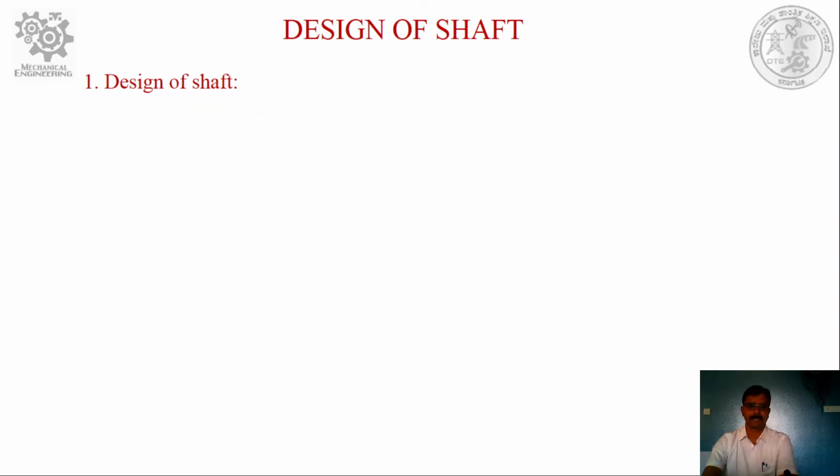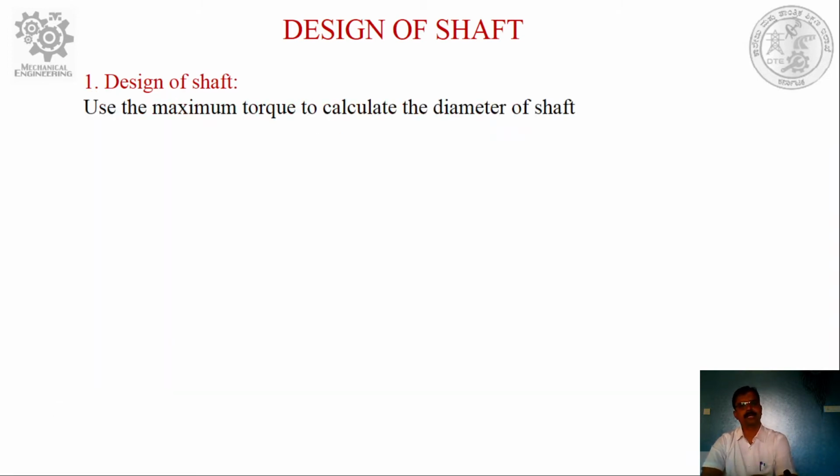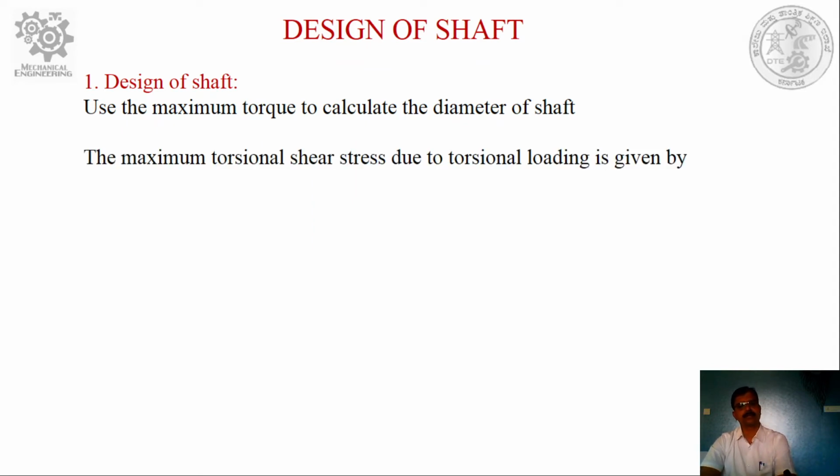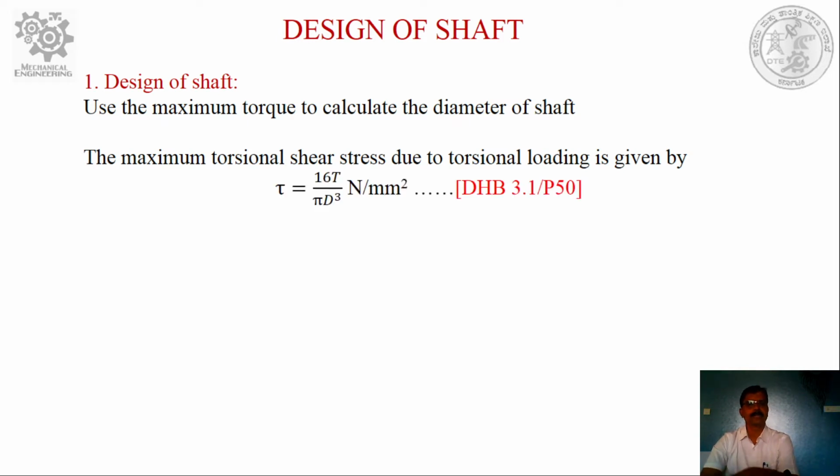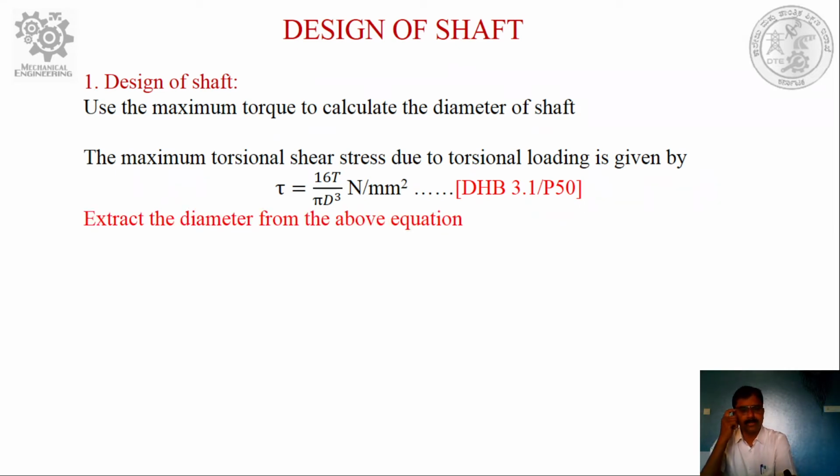Now use this to design the diameter of the shaft. Use the maximum torque to calculate the diameter of the shaft. The maximum torsional shear stress due to the torsional load is given by tau is equal to 16T by pi d cube. Now extract the diameter from the above equation, substitute the values and calculate D. D is equal to cube root of 16T divided by tau into pi.